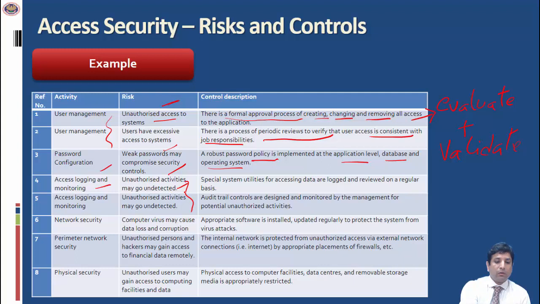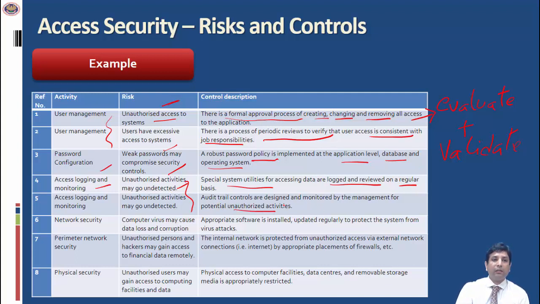So what is the control? Special system utilities for accessing data are logged and reviewed on a regular basis. So here the critical thing is first to log and then subsequently to review, on a periodic basis. Audit trail controls are designed and monitored by management for potential unauthorized activities.